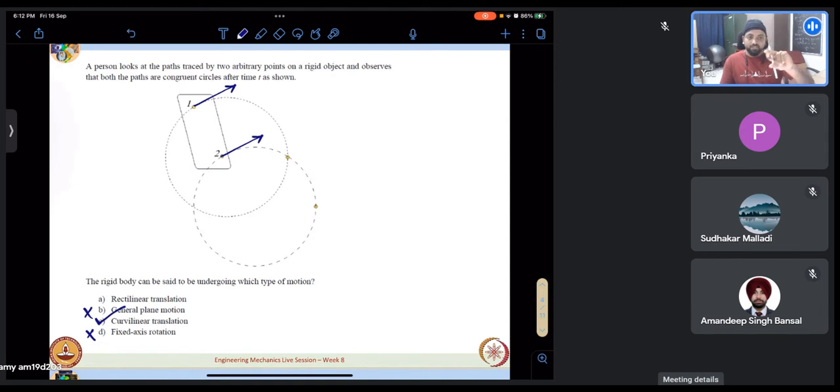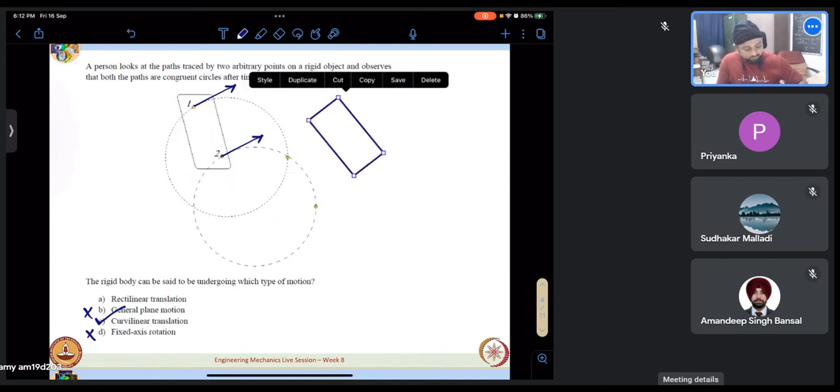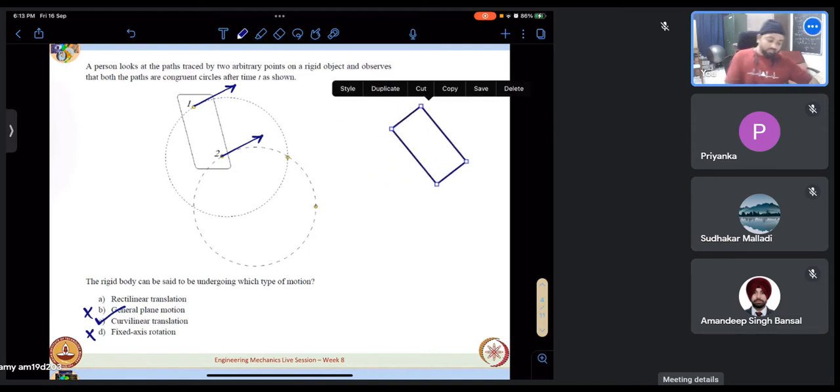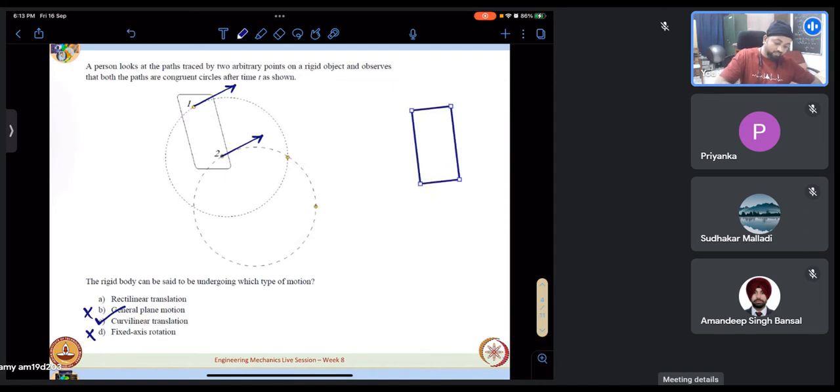So it is important to understand that the body is moving like that. So if I were to just sketch this body here, okay, let me just rotate it. So the body is moving like that. I hope you're able to see it on the screen. So this is the kind of motion that the body is having. If it went here and it had rotated like that, then it would have been general plane motion.